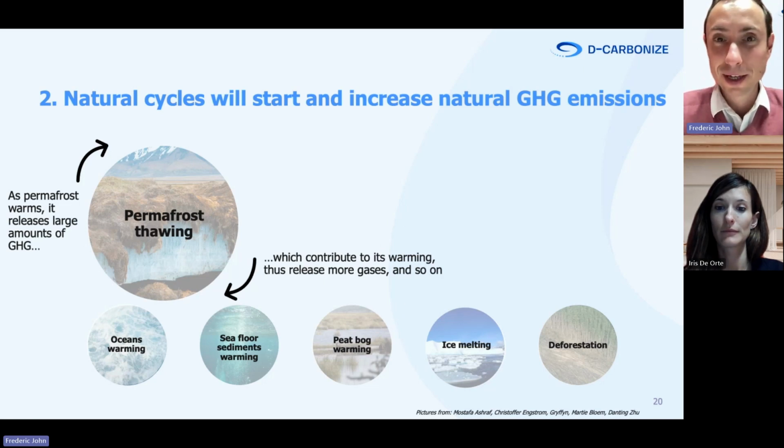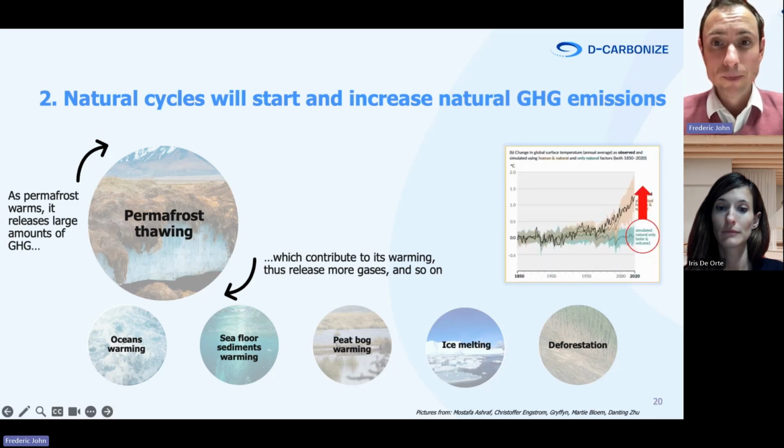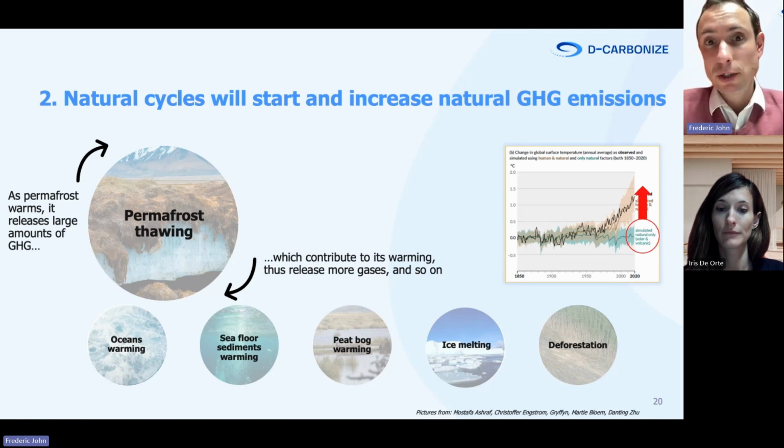Maybe it can bring you back to some science course when you were younger, and other effects like the deforestation as well. Bottom line, and what's very important is that this green line that I mentioned earlier that doesn't impact a lot climate change, global warming, greenhouse gas emissions from natural sources.